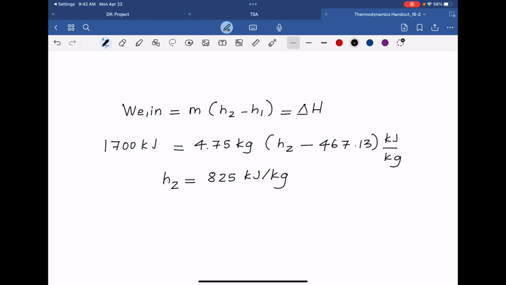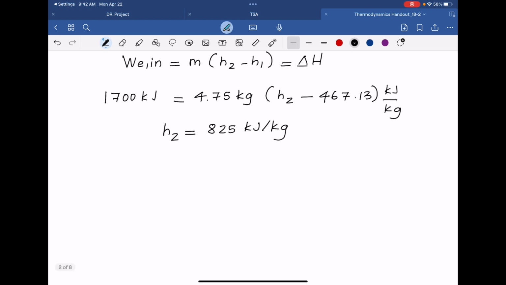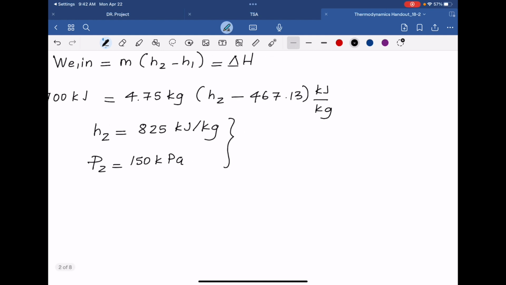Very good. Now we know H2, and then we know the pressure. We are also given the pressure at the second state, which was the same as the initial, which was 150. So by knowing specific enthalpy and pressure, we are able to find out what S2 is, the specific entropy at the second state. Good. That is our goal now.